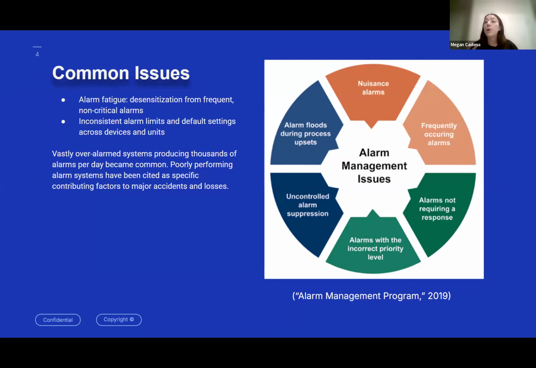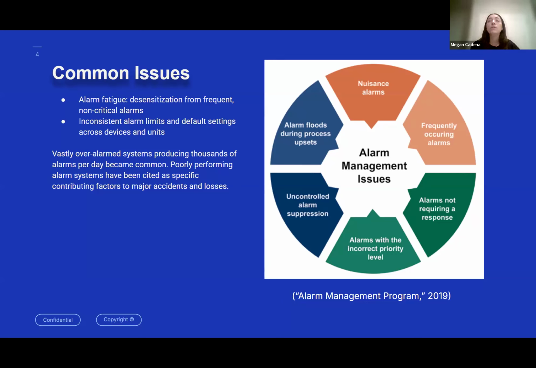The bombardment of these alarms can lead to a lack of sensitivity to them, as well as maybe a panic, a poor response, or just not the most critical response for a better patient outcome.